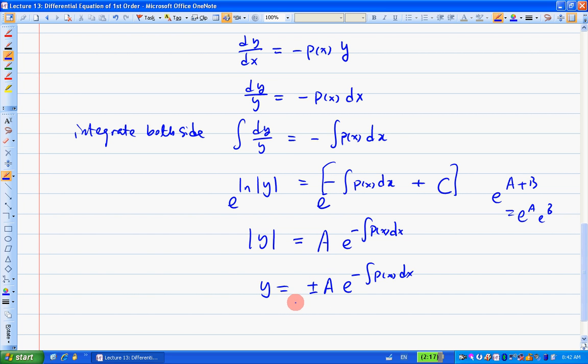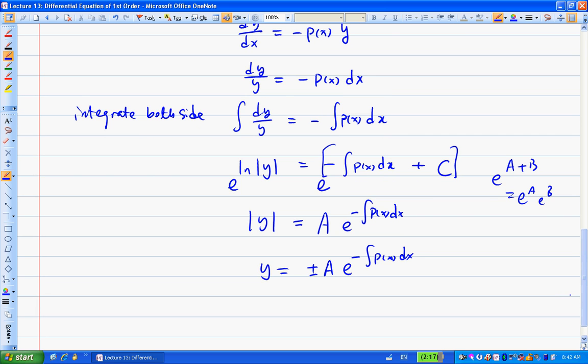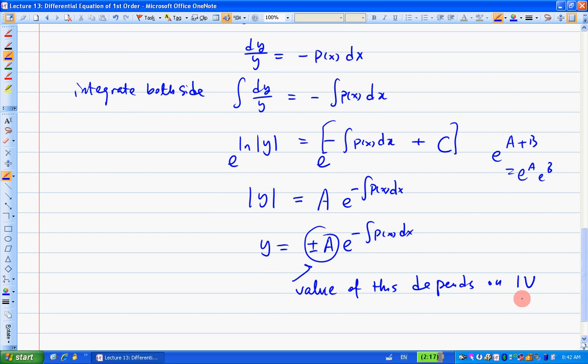Whether it is positive or negative depends on the initial value, or sometimes we call it the initial condition.